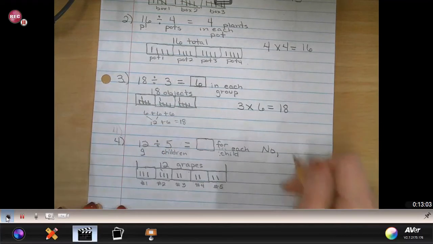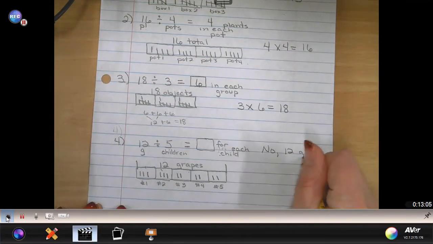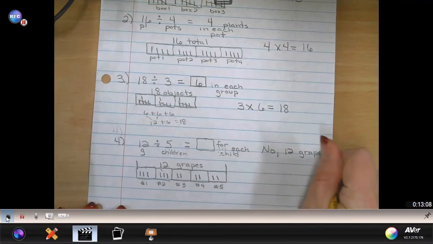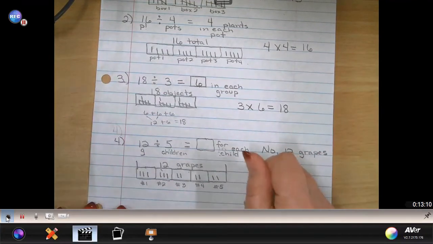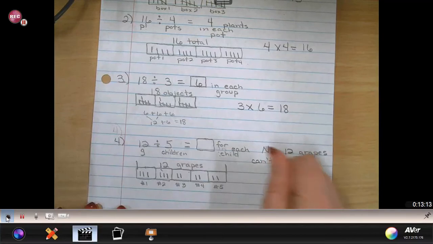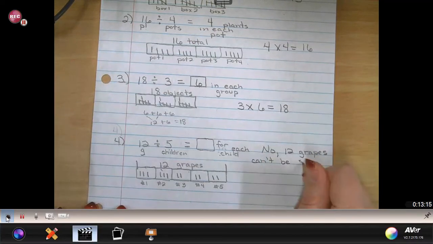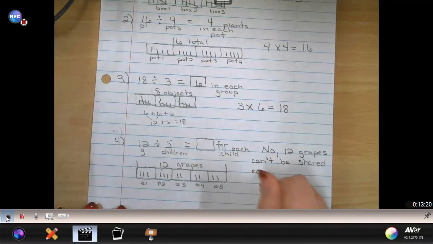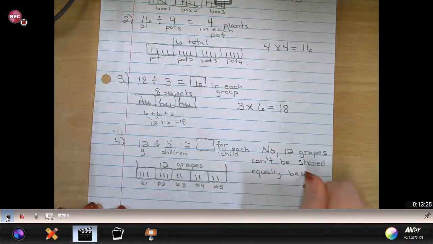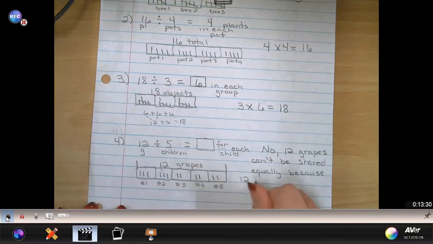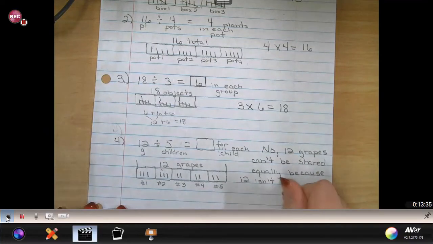So we would say no, 12 grapes, because it says to explain, cannot be shared equally because, for one, 12 isn't a multiple of 5.